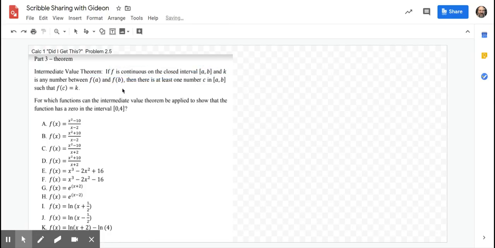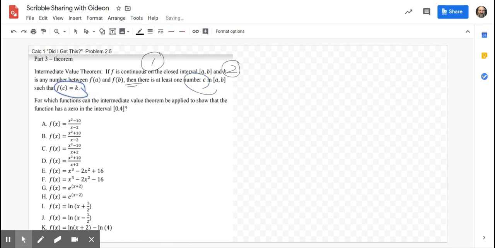And then we're done with the if, right? We have two things: the continuous on the closed interval that we need to confirm, and that k is somewhere between the function evaluated at a and evaluated at b. If those two things are confirmed, then we know there's a c so that f of c is k.